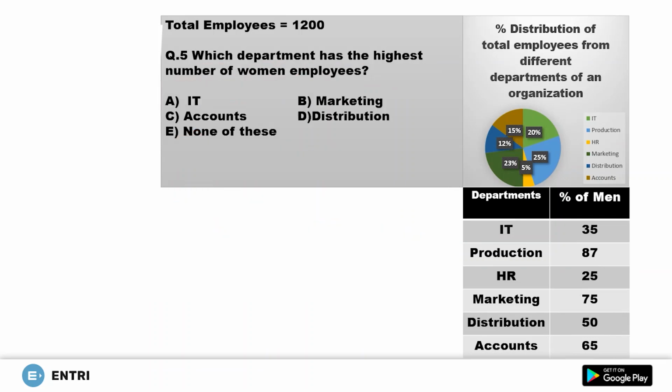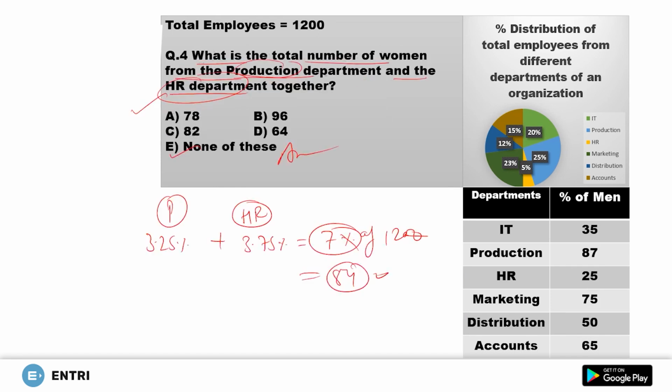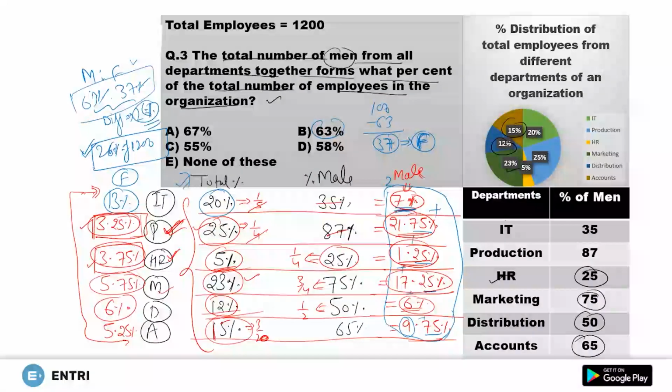What is next question? Which department has the highest number of women employees? IT, accounts, marketing. No need to calculate here. Just check what are the percentage of female: in the first 13%, in here 3.25, 3.75, 5.75, 6, 5.25.